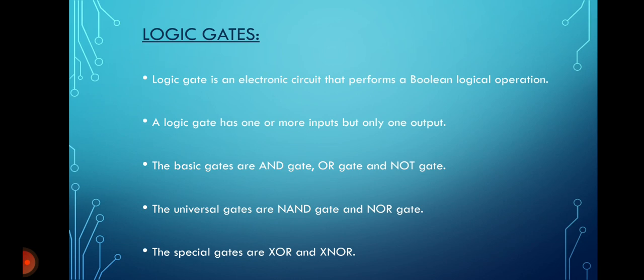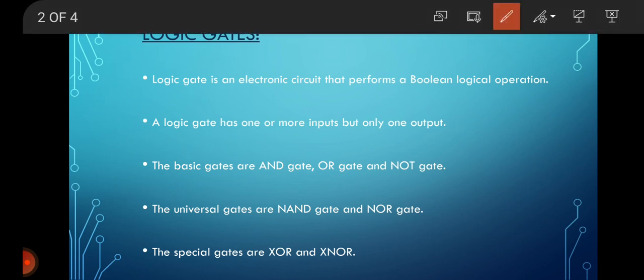In this binary algebra, variables can have only two values: binary 1, which we call high, and binary 0, which we call low.